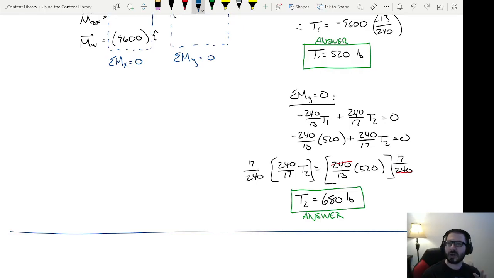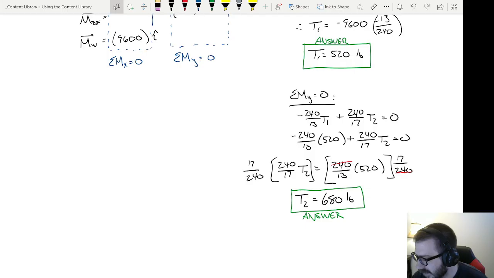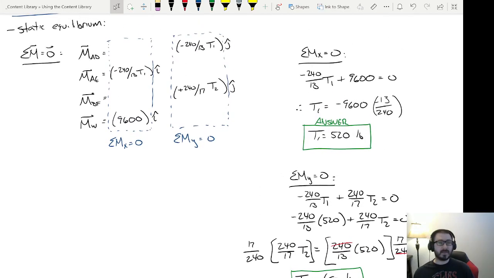This problem's been structured in such a way that the math shouldn't be too terribly challenging. All right, so there's summing moments, and summing moments yielded the unknowns in the two cables.